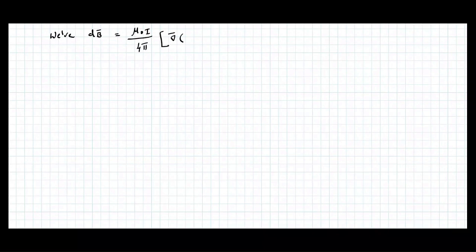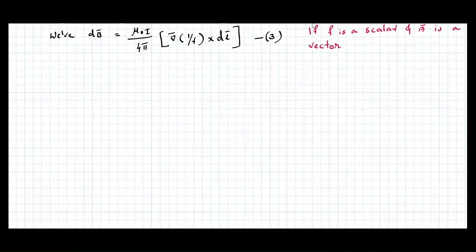We have our equation number 3. dB is equal to mu 0 I by 4 pi del 1 by r cross dl. Now to simplify the above expression, let us consider another relation.